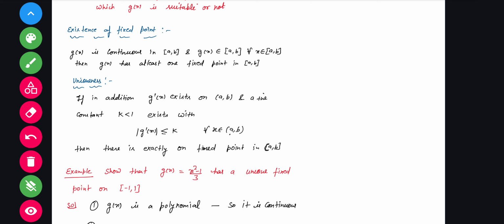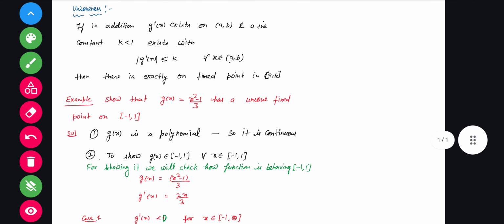So we have three conditions: first, g is continuous on the interval; second, g of x belongs to a comma b for all x belongs to a comma b; and third, the absolute value of g dash of x should be less than 1. So these are the three conditions.